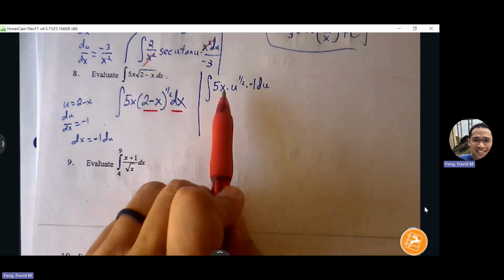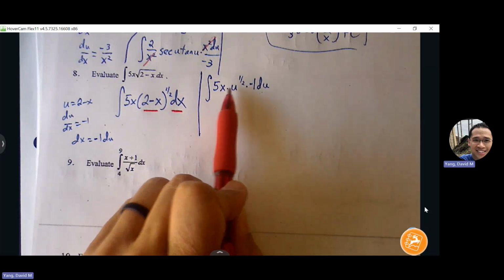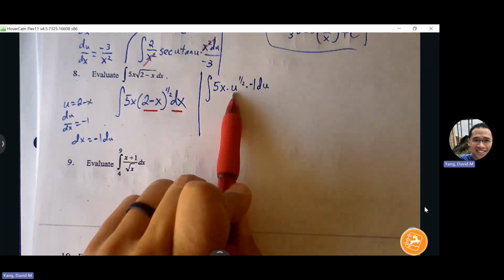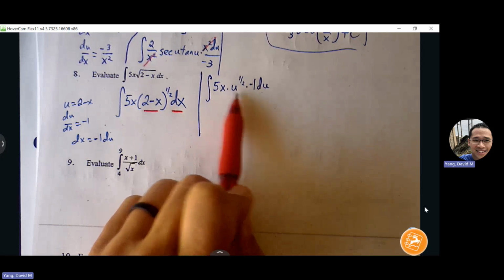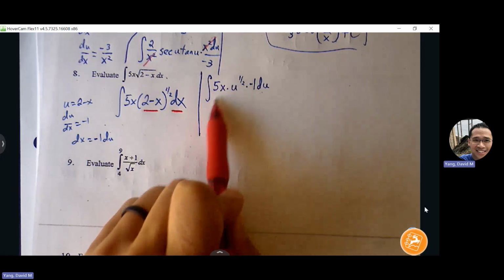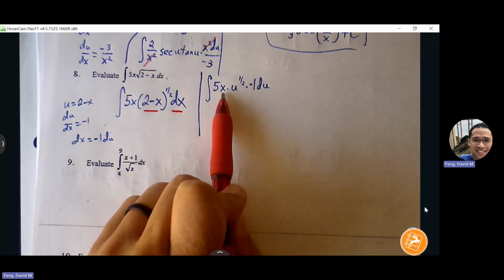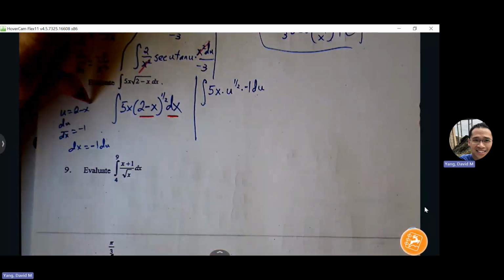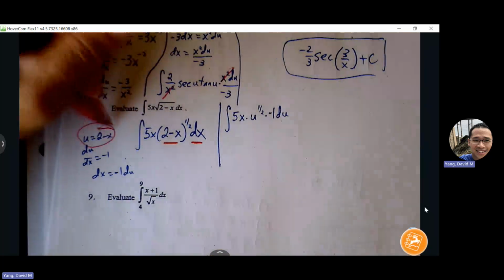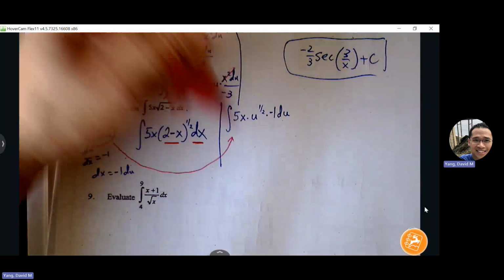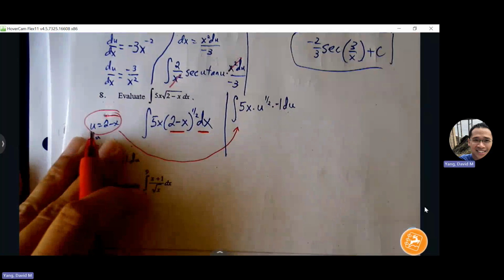So this x is causing us an issue. I see some students, they would move forward and just do power rule here, but we don't have rules available to us unless the variable is resolved. So that x has to be replaced. So we look at what's available to us. We have u equals 2 minus x. What if I rearrange that equation and solve for x?